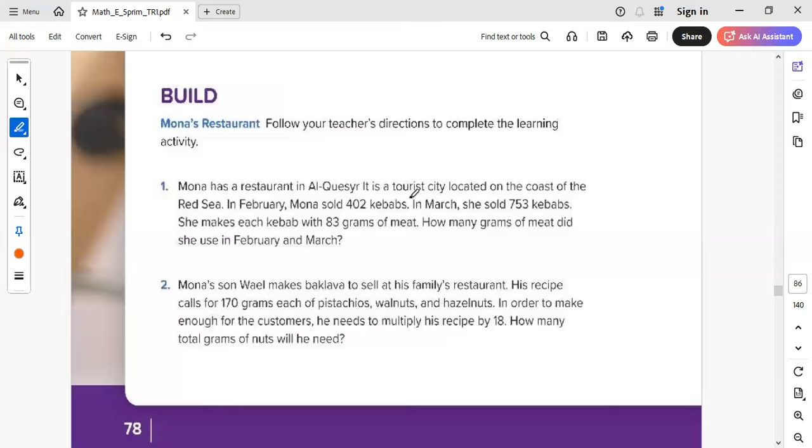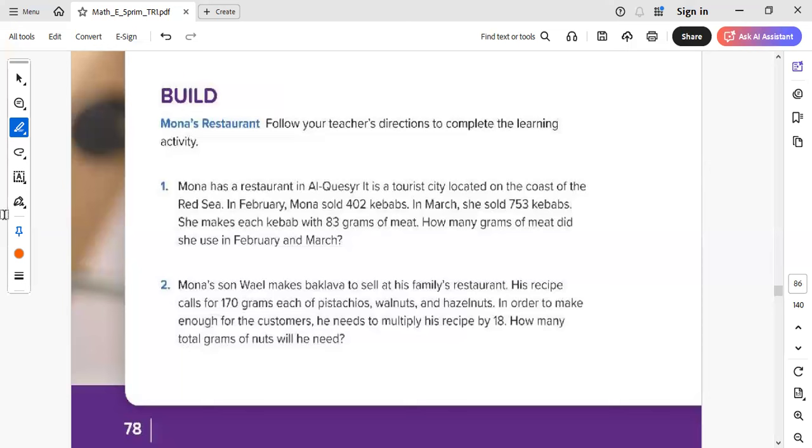So we have to think carefully with this problem. How to solve this problem? Great. We have to use multiplication. Okay, let's start to read it again. Mona has a restaurant in Al Qusir. It's a tourist city located on the coast of the Red Sea.